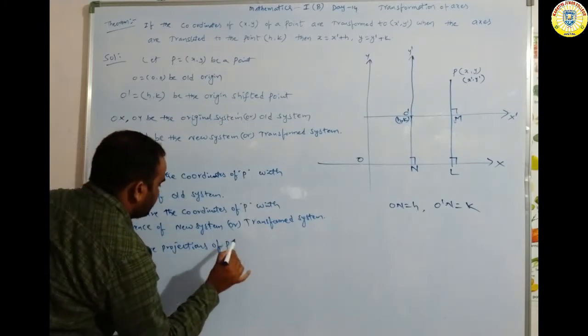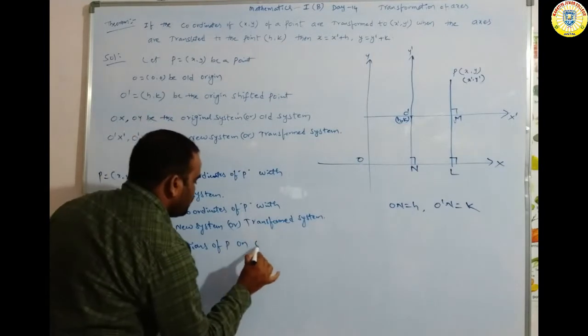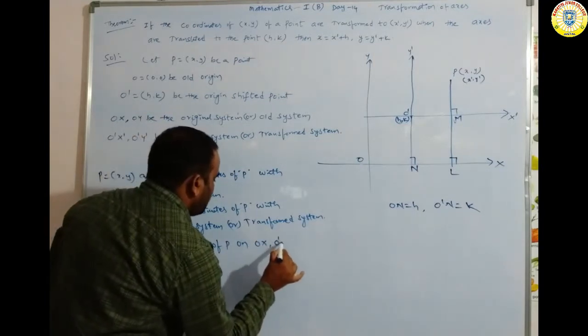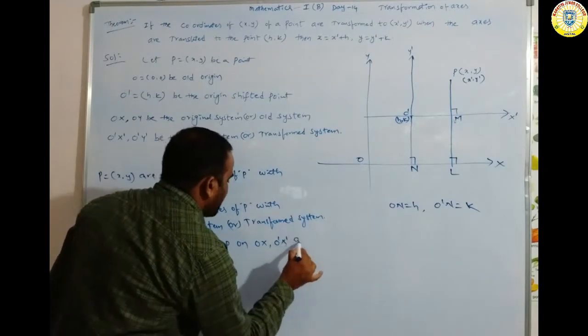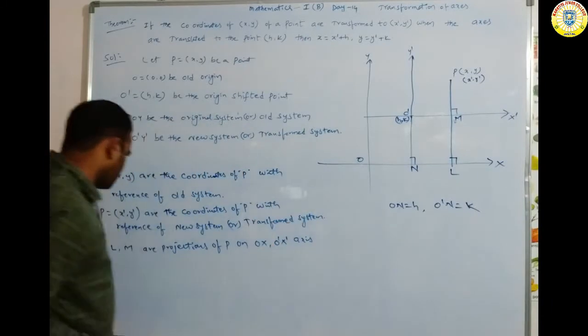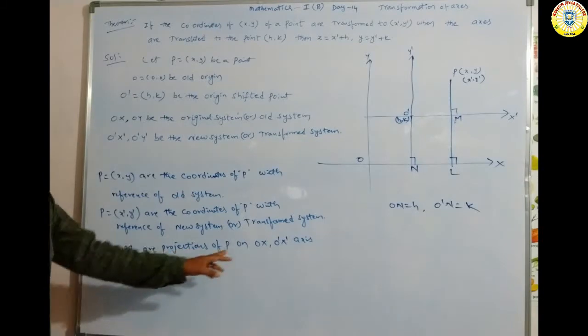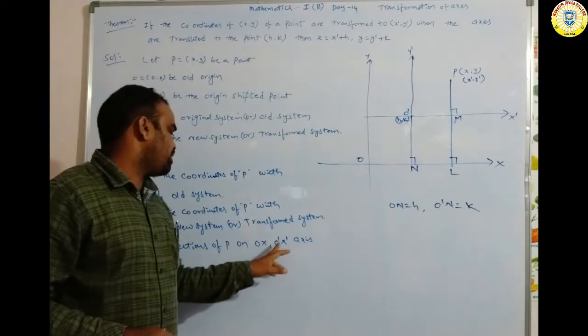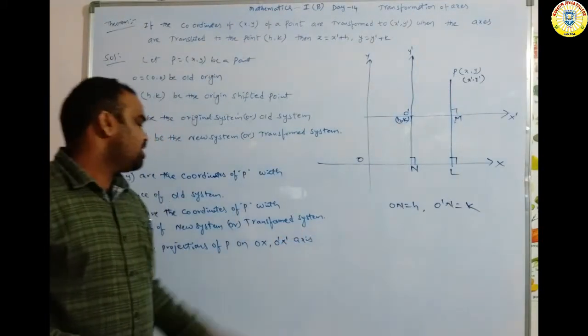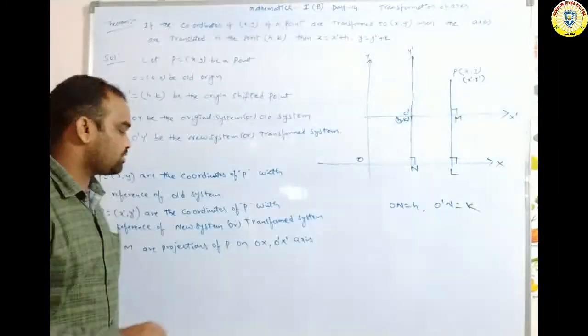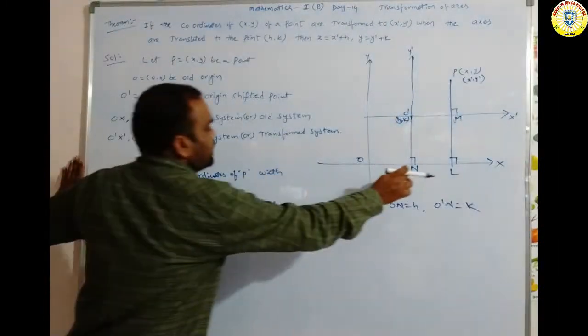So L comma M are the projections of P on the OX and O dash X dash axes.